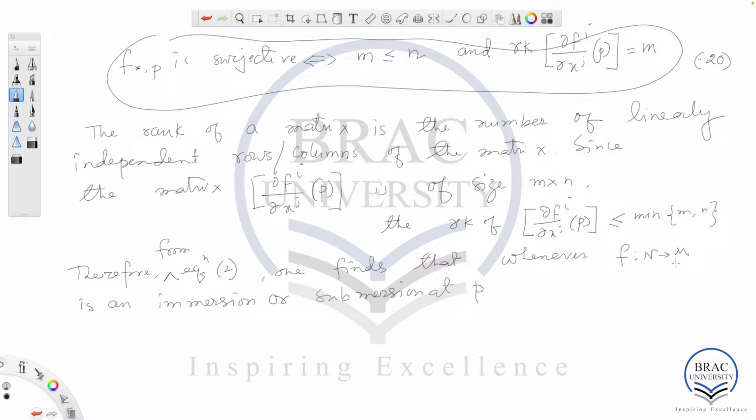So whenever this map is an immersion or a submersion at p, the matrix del f_i by del x_j at p is of maximal rank. That is, its rank is either n or m respectively.